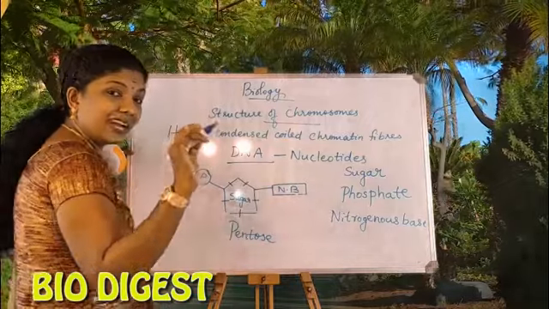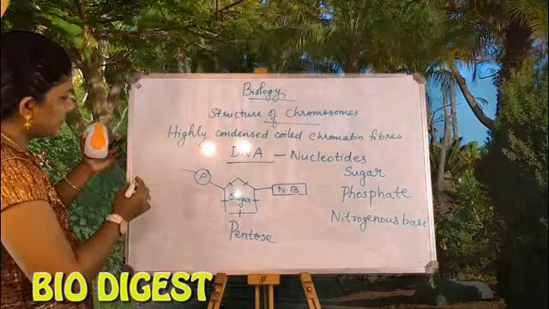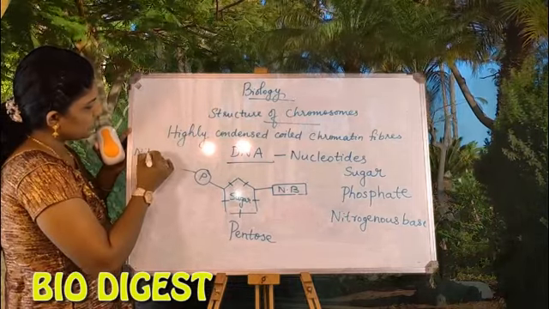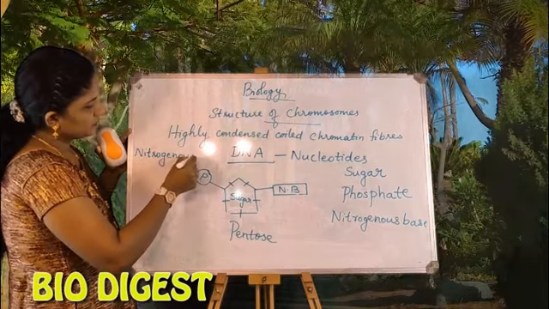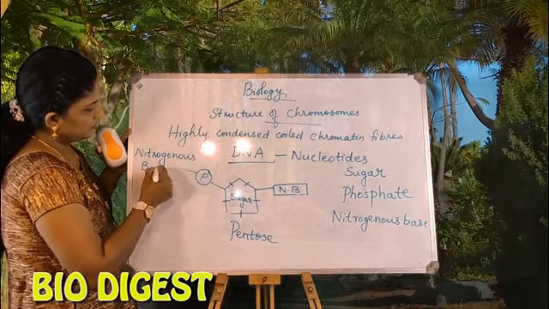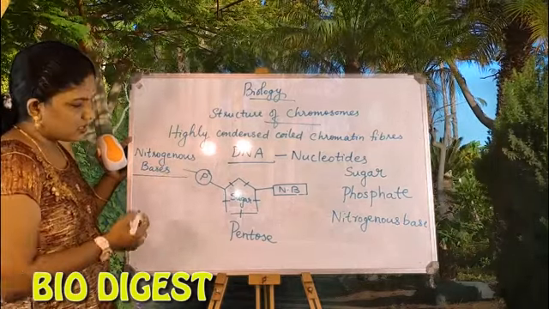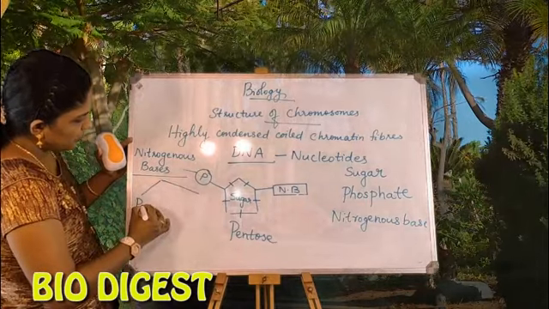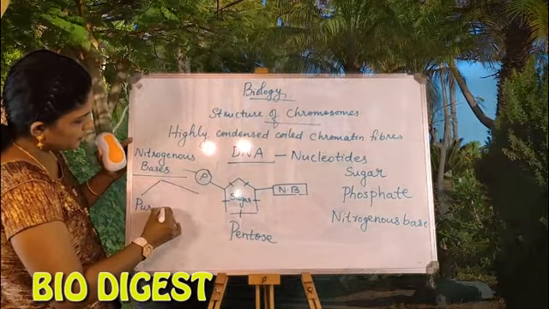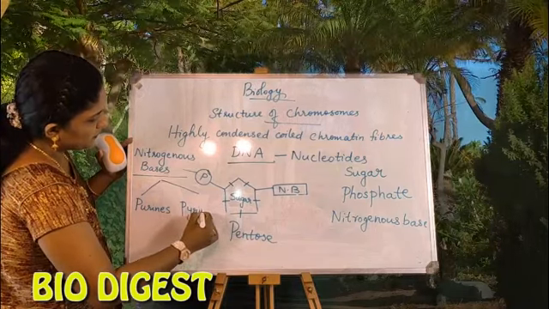Now there are 4 nitrogenous bases. We will see what they are. I am writing the nitrogenous bases here. Basically, the nitrogenous bases you can divide into 2: purines and pyrimidines.